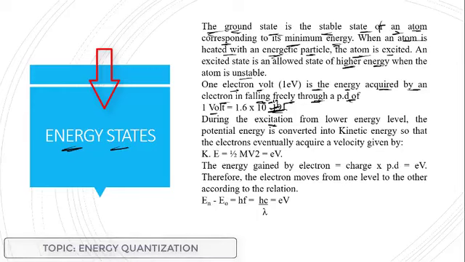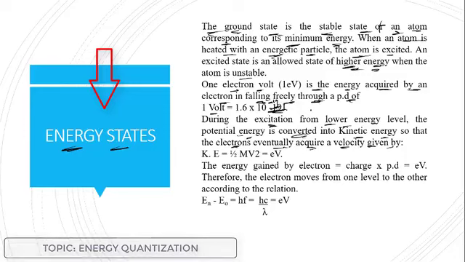Now, during the excitation of this atom, where it becomes unstable as a result of moving from a lower energy level to a higher energy level, the potential energy is converted into kinetic energy so that the electrons eventually will acquire a velocity that is given by half mv squared. So the electron volt energy is as a result of this electron that has become excited.